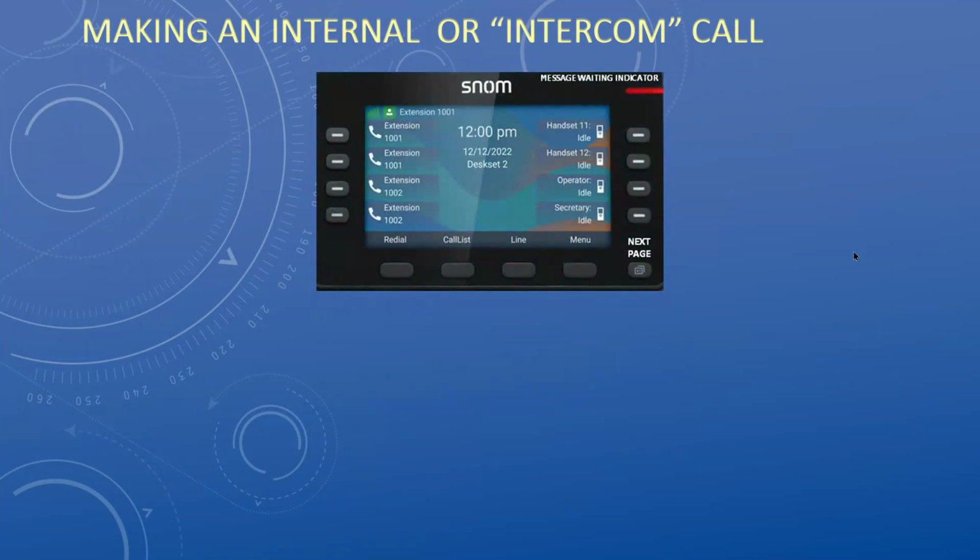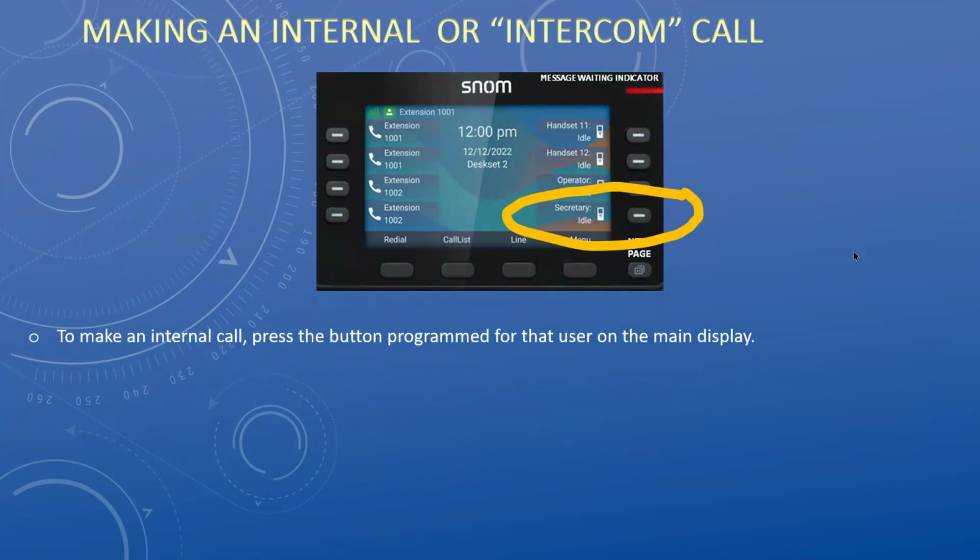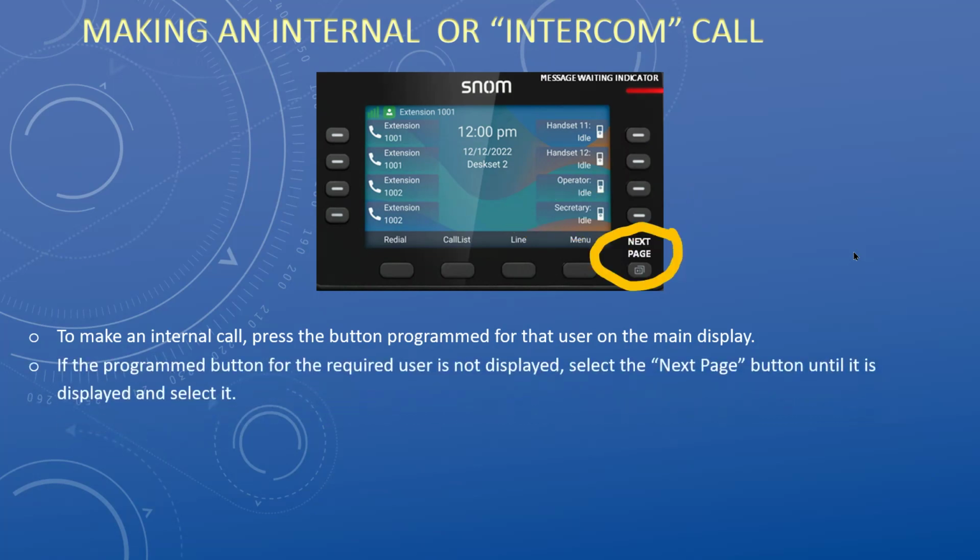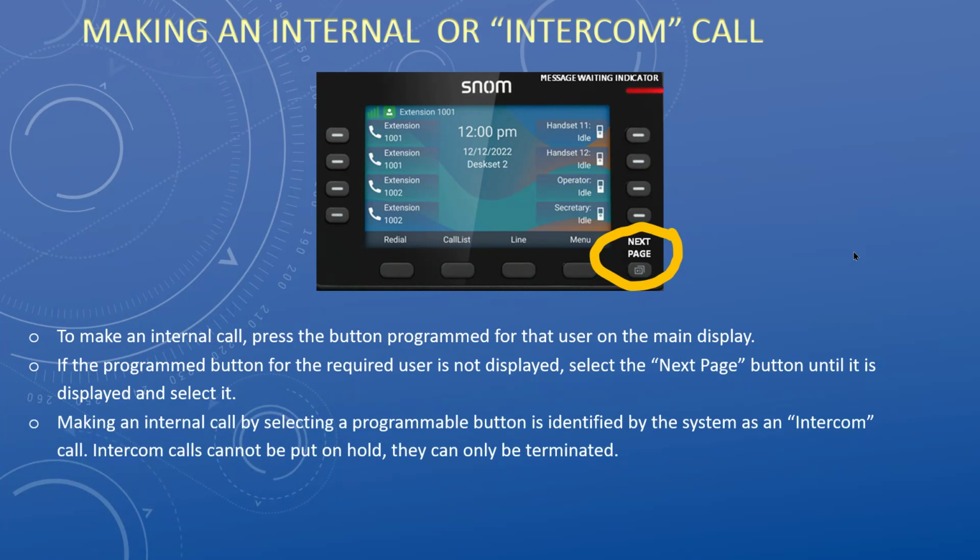To make an internal or intercom call in more detail, you would press the button programmed for that user on the main display. If the program button for the required user is not displayed, select the next page button to cycle through the other 2 pages until you find the appropriate button. You then make that internal call by selecting the programmable button, and the system then makes an intercom call.